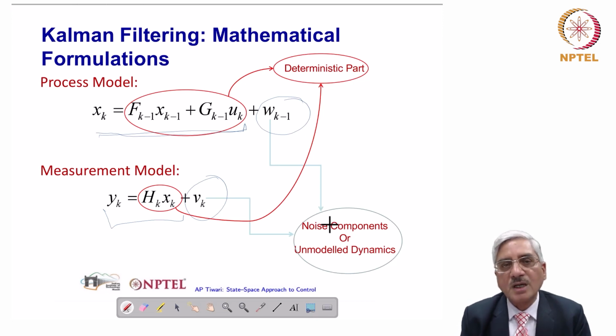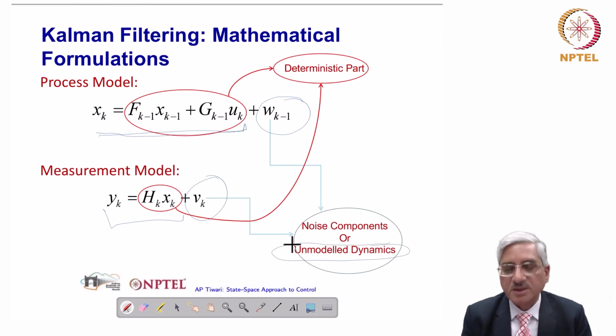One is we are not able to take into account the noise. Other thing is a lot of unmodeled dynamics remains due to assumptions, etc. So the mathematical modeling of systems has errors. One is noise terms not considered, other is due to simplifying assumptions, etc., some component of unmodeled dynamics.